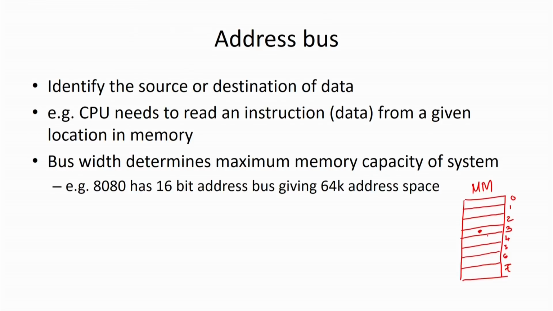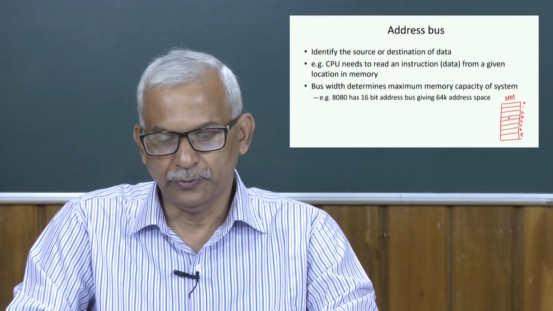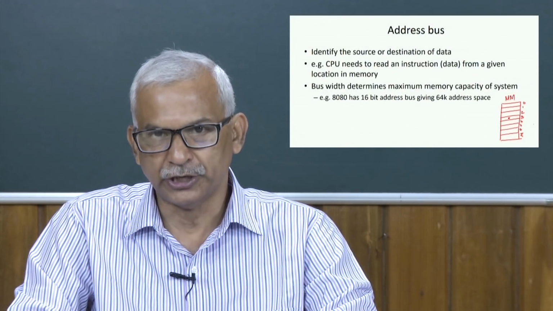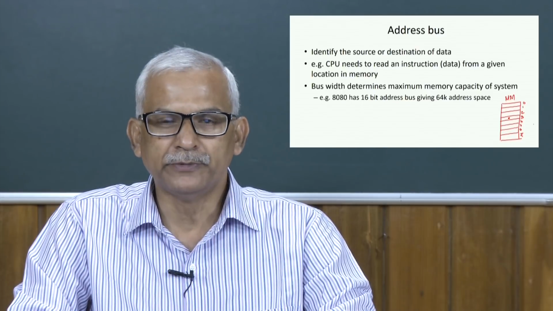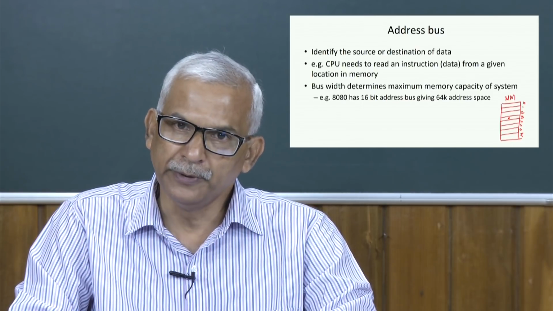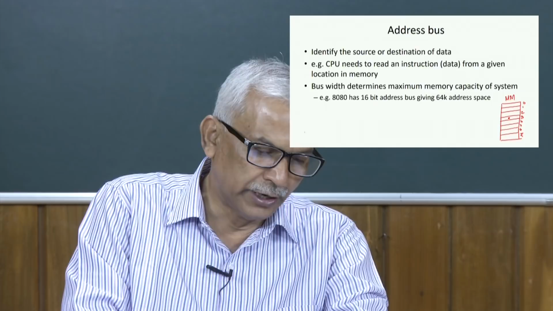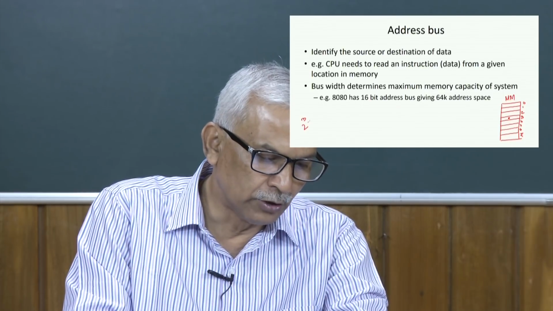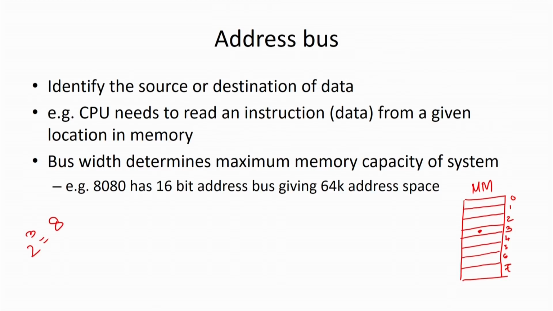Now, what is the addressing format? If we have 8 different combinations, to identify any one of them we need 3 bits of information, because we know that 2 to the power 3 equals 8. These 3 bits I can call A0, A1, A2, and they may go from 0, 0, 0, then 0, 0, 1, like that up to 1, 1, 1.